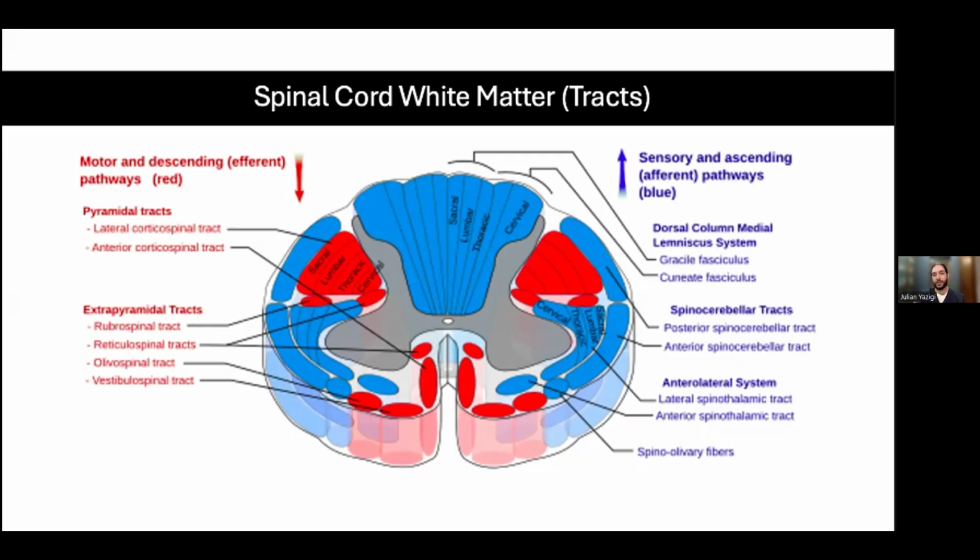the cerebral cortex. The most prominent system is the dorsal column medial lemniscal pathway, which occupies the posterior funiculus. This pathway carries fine touch, vibration, and conscious proprioception.